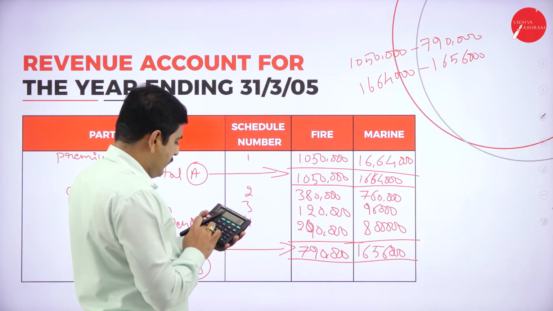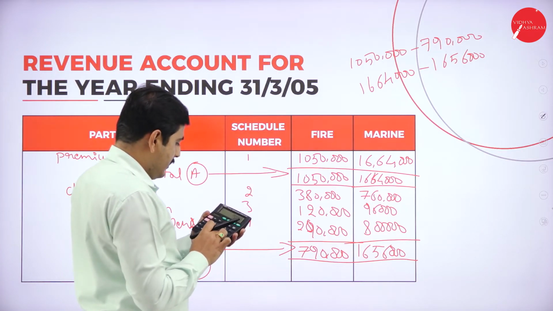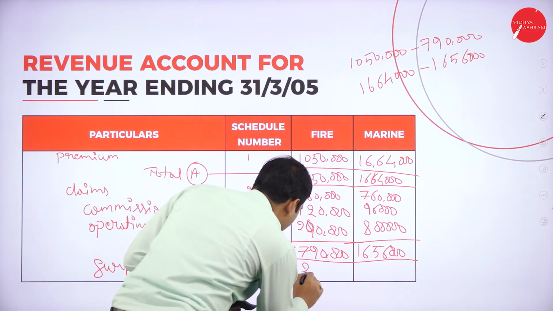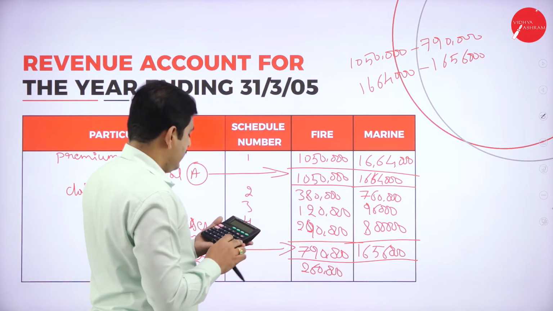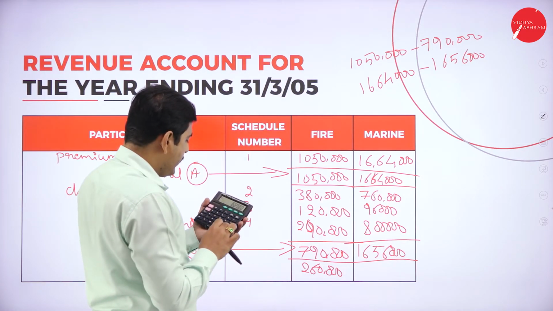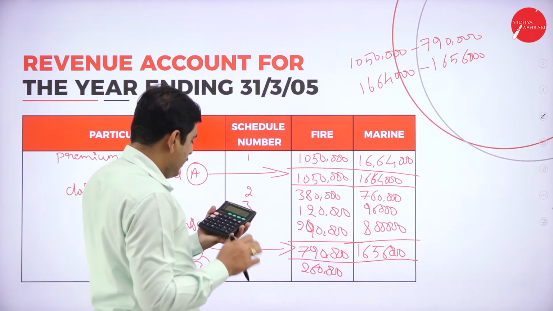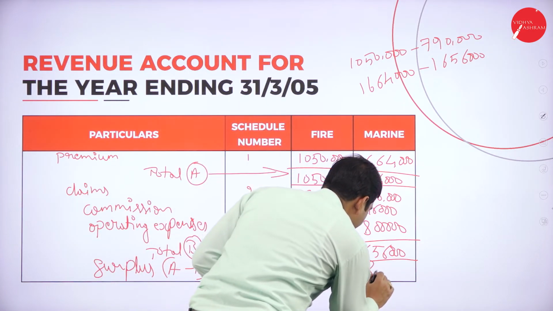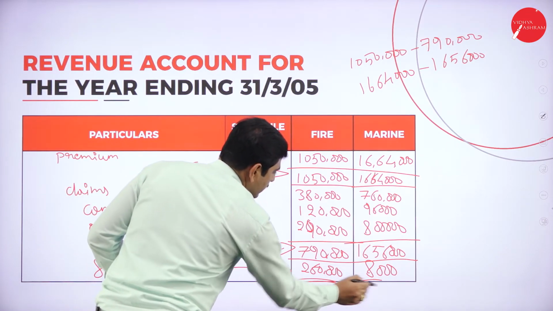So 10,50,000 minus 7,90,000, the difference is 2,60,000. Again 16,64,000 minus 16,56,000, difference is 8,000. So 8,000 is the surplus.